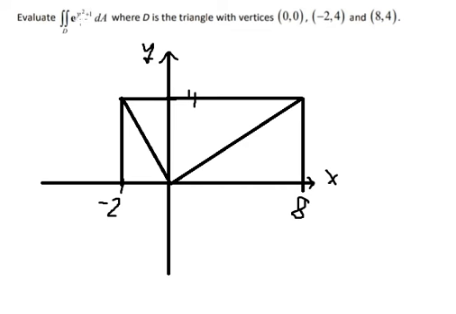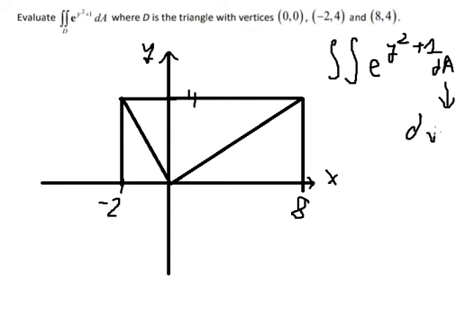So if we look carefully at these double integrals, we have e to the power of y squared plus 1 dA. So in this situation, we need to use only dx dy.